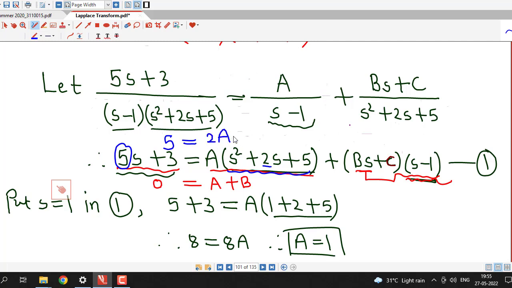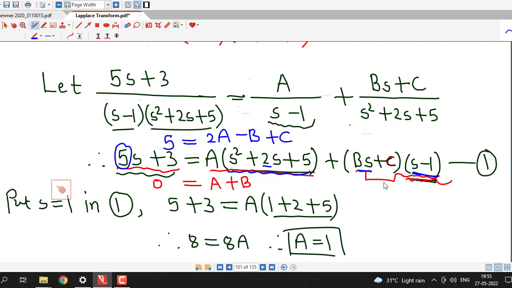So here we will have 2a. Here coefficient of s is, if we consider this bs with s minus 1, we have bs square minus bs, that is minus b is the coefficient of s. Similarly, if we multiply s minus 1 by c, we will have cs minus c, that is plus c.